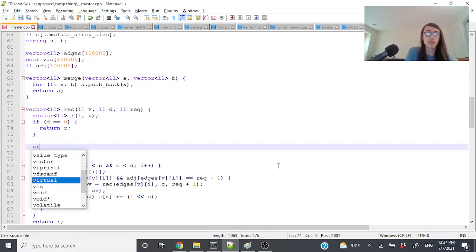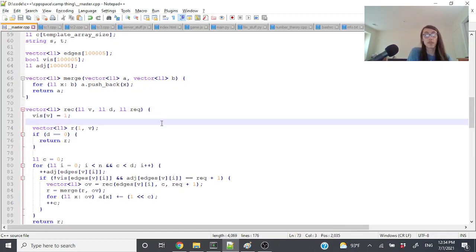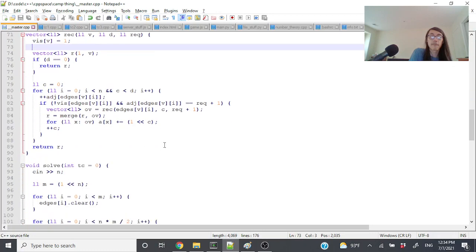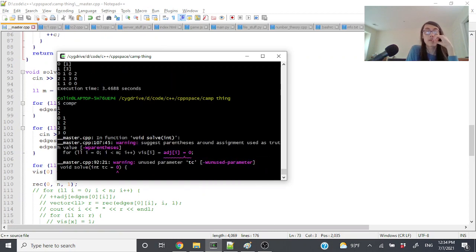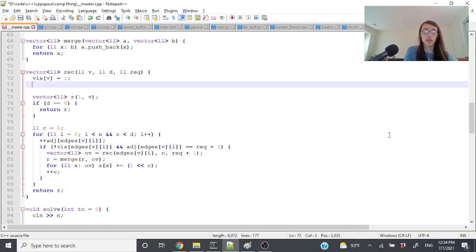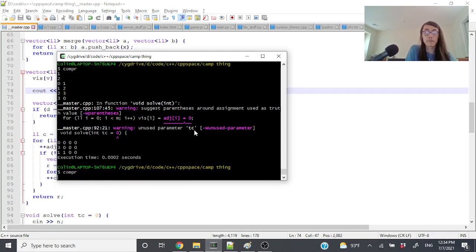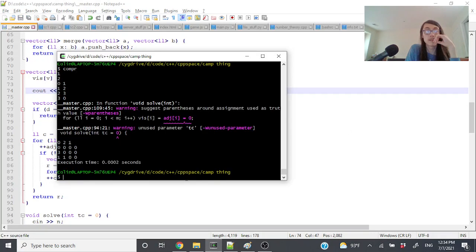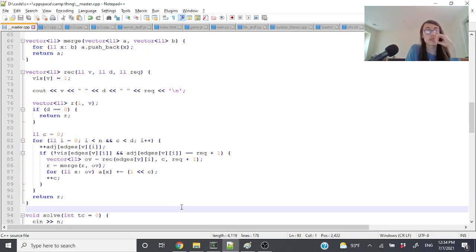Right, so this v is equal to 1. So 0, step 2, 1.